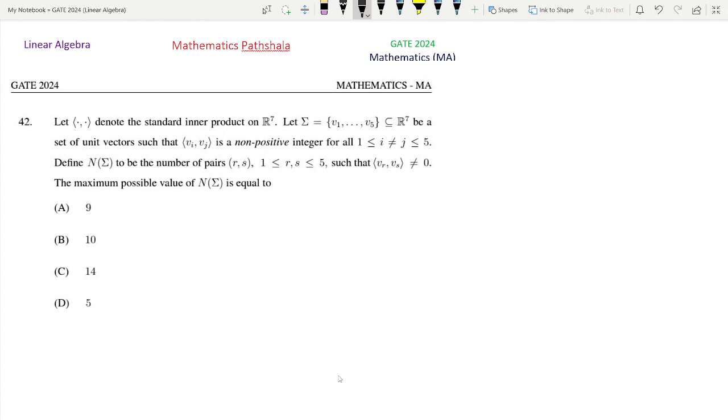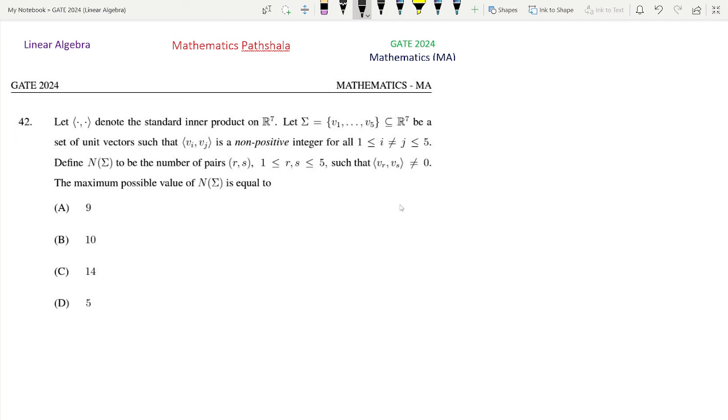See the question first. Let this inner product denote the standard inner product on R7. Let sigma equal to {V1, V2, ..., V5}, a subset of R7, be a set of unit vectors such that inner product Vi Vj is a non-positive integer for all 1 ≤ i ≠ j ≤ 5.